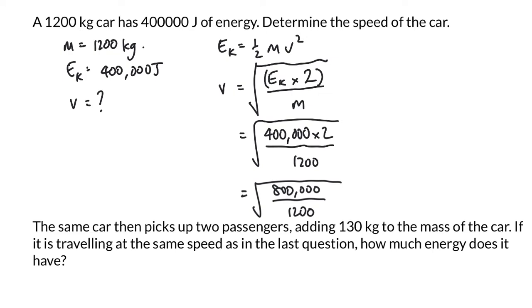The next part is 800,000 divided by 1,200. So that would be the square root of 800,000 divided by 1,200, which is 666.67. You've done those two steps, and then you would press equals again.